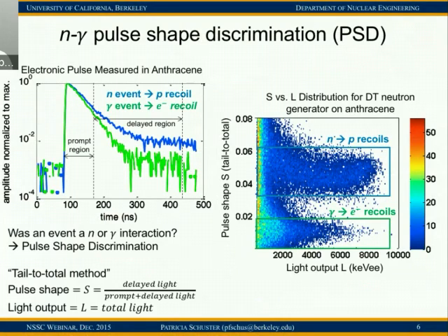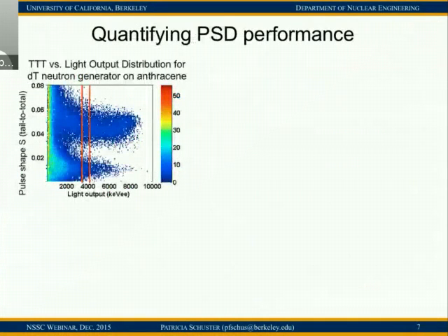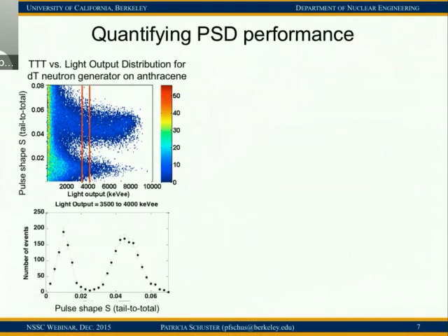And so to quantify that decision, we have to assign a number to the performance in pulse shape discrimination. One way to do that is you pick an energy range. Here I'm picking, I think, 3,500 to 4,000. And then you take all the events in that energy range and you make a distribution of their pulse shapes. So basically, it's like a slice, and you're looking at it like a histogram, just along the energy slice.